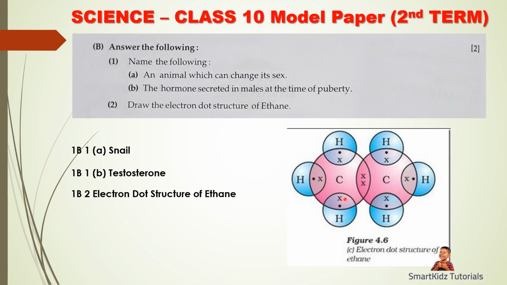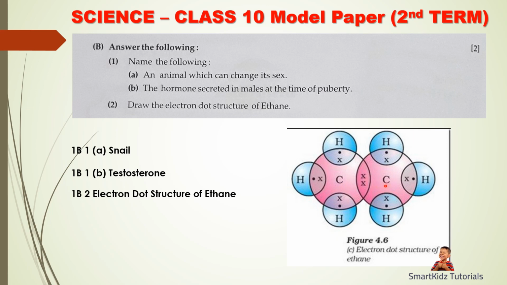So you have 3 hydrogen atoms pairing with 3 electrons of one carbon and 3 hydrogen atoms pairing with 3 electrons of the other carbon atom. And one of the electrons from this carbon atom is shared with an electron from the other carbon atom.